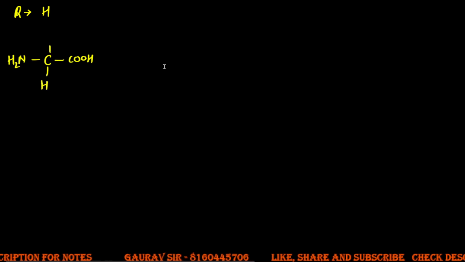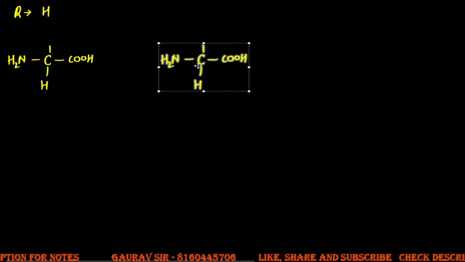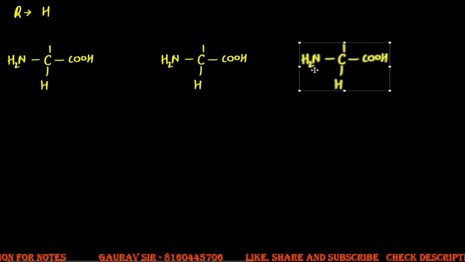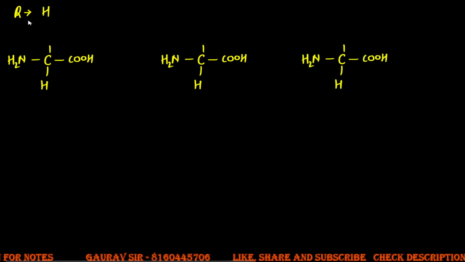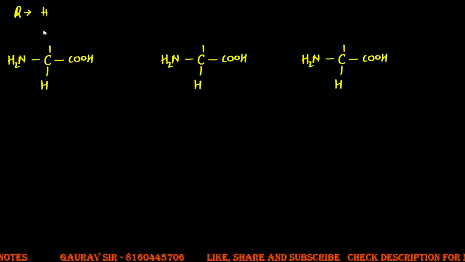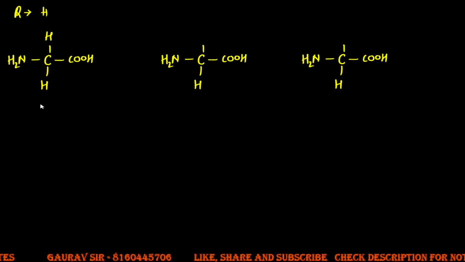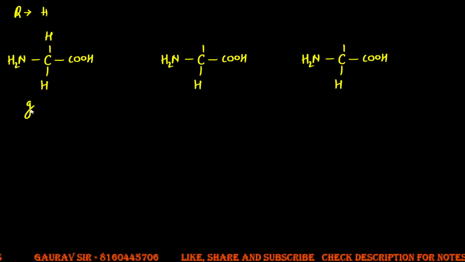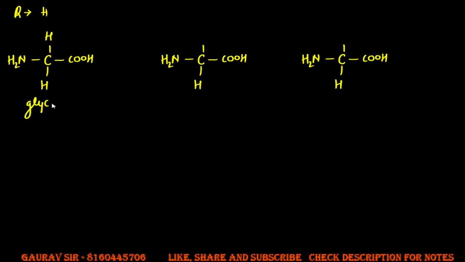There you go. Right? So if I replace this R with H here, the hydrogen, the amino acid that I'm going to get is glycine. Okay, I get this amino acid as glycine.